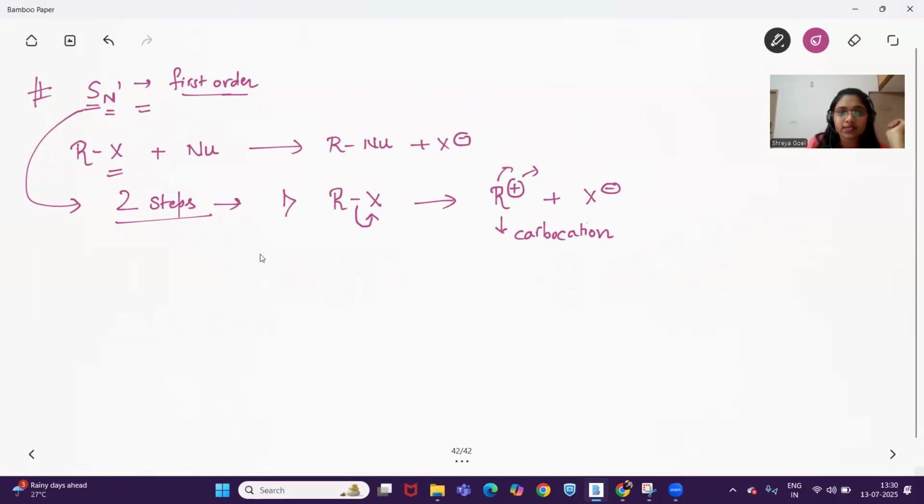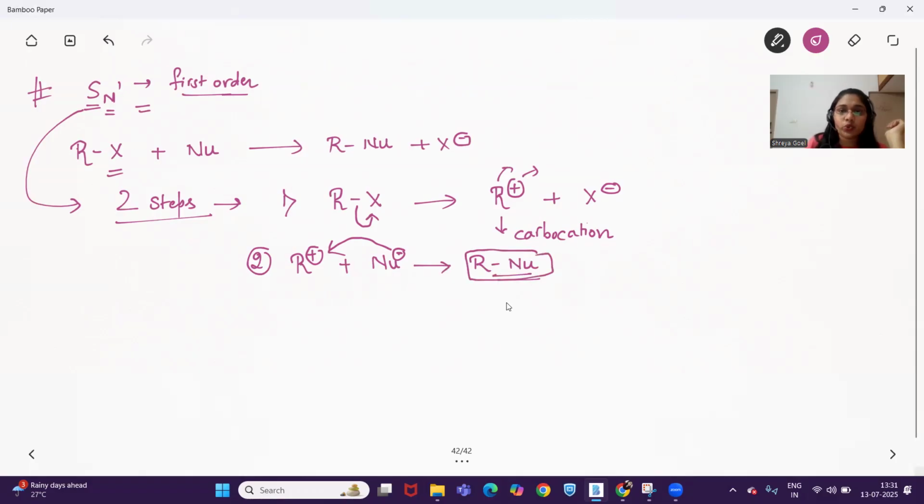What happens in the second step? In the second step, the nucleophile attacks R positive, because the nucleophile has a negative charge. It is in search of positive charge, and positive charge is in search of negative charge. So the nucleophile will attack R positive and you will get the product R-Nu. This is our final product.